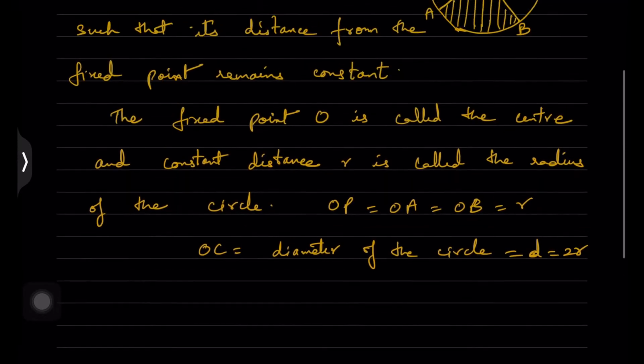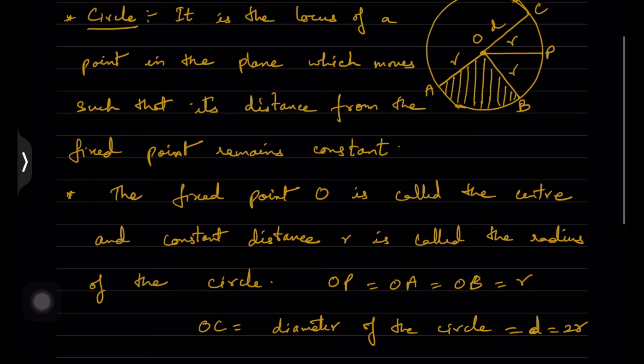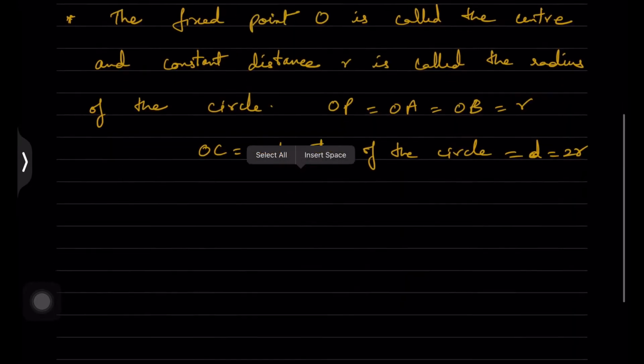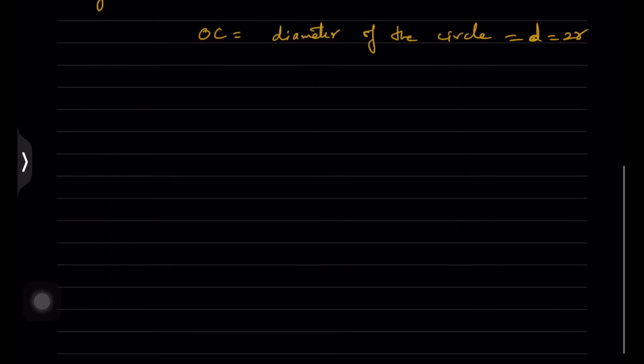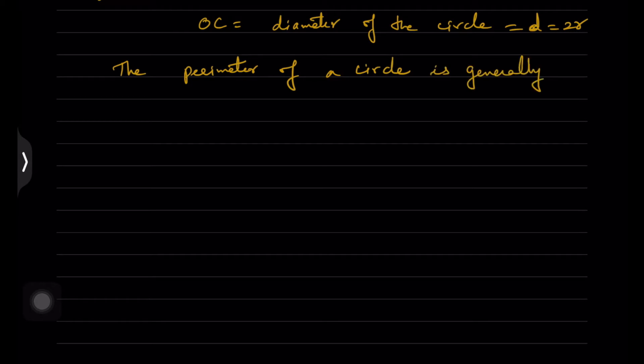Next point. We're just writing all of them in points. So first I wrote down the definition, then the fixed point O. Now we'll see what is the perimeter of a circle. It is generally known as its circumference.